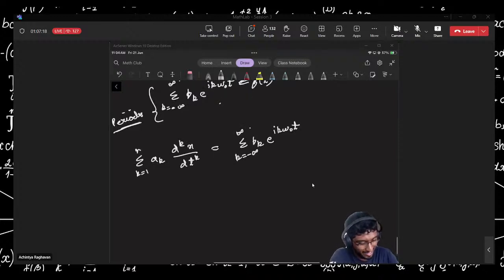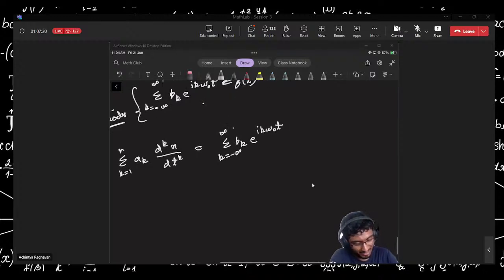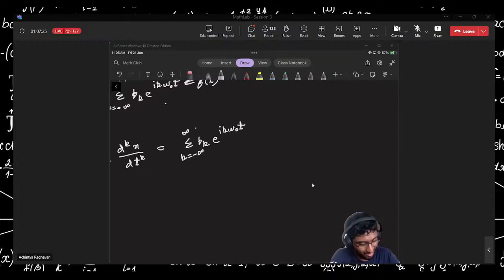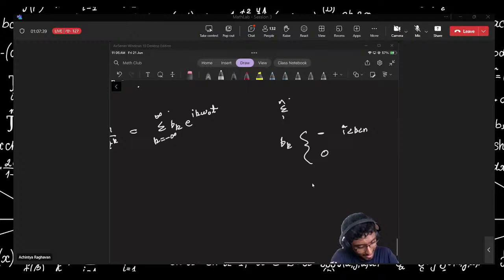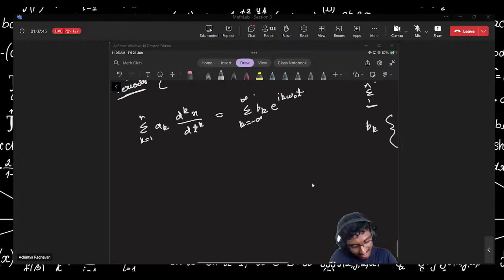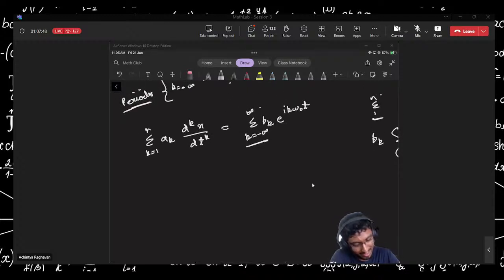So yeah, I have written k going from minus infinity to infinity. Some of you might think this might go to infinity or something, but no, that's not true. Because if I want the summation to range from, let's say, 1 to n, I can always define b_k such that it has some value between 1 to n and it's 0 otherwise. Then it will just become a summation. So I'm writing this because it comes in handy.